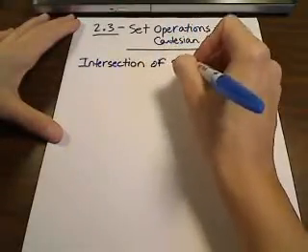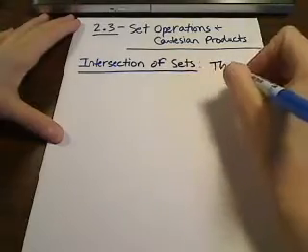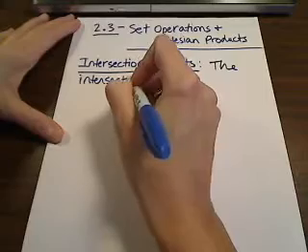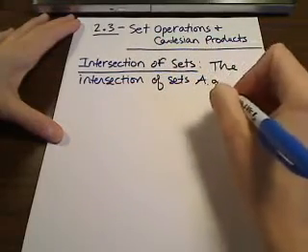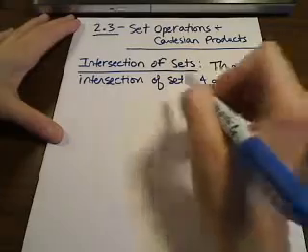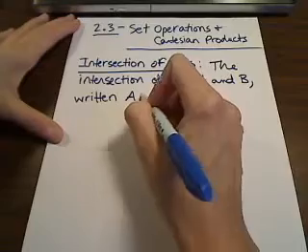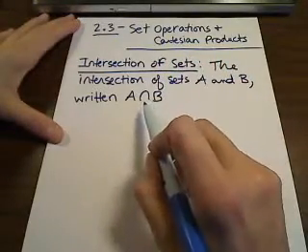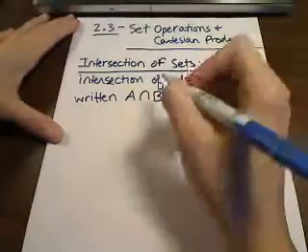Okay, so the first thing that we need to do is talk about what is an intersection. So the intersection of sets A and B, and we write this like this: A intersect B. So an upside down U, that is our symbol for intersection.